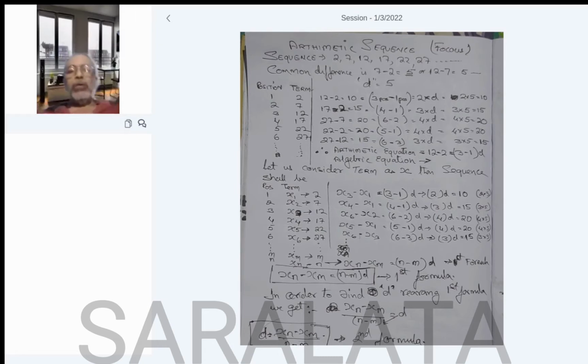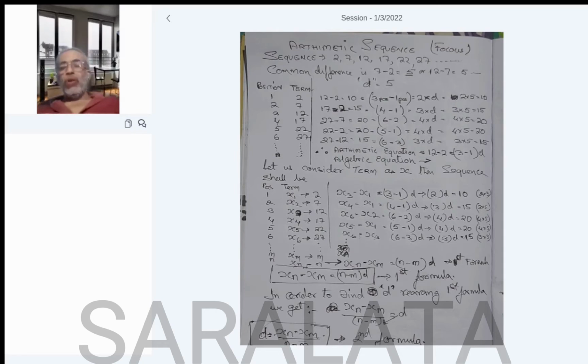Now, I have put up a position and term for the above sequence. The position is the place at which that sequence term sits. So the positions are 1, 2, 3, 4, 5, 6, and the related terms are 2, 7, 12, 17, 22, and 27.